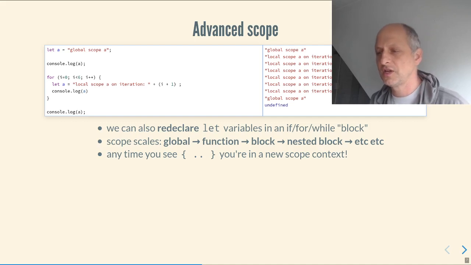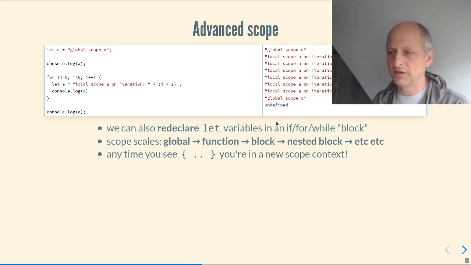So it's not just in functions, but we can also do it in a so-called block, a for or while block or an if block, and so forth. And the scope scales in this way. The broadest is global, and then usually function, and then a block, and then a block that's nested inside the block, and so forth. And you can see here, you can play around with this a little bit yourself.